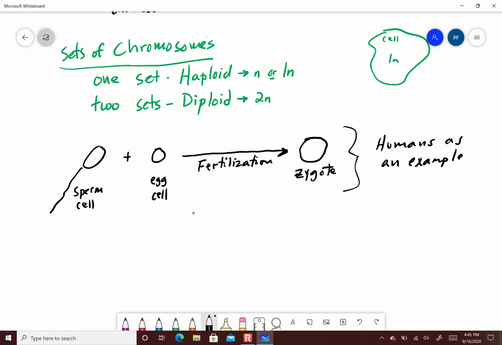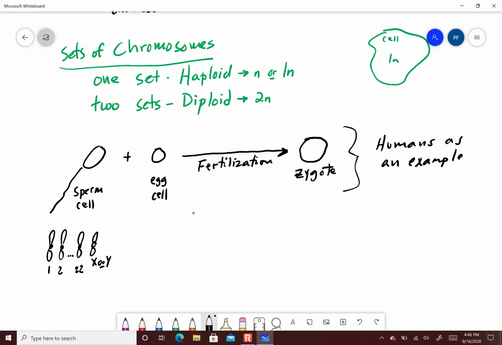All right, so in humans, we have 23 pairs of chromosomes. The first 22 are numbered, and then we have a sex chromosome, XY. Right? So in this sperm cell, what we would see is this. Here's a number 1 chromosome, here's a number 2, and the first 22 are numbered like that. And then we would have a chromosome that's going to be X or Y as our sex chromosome.